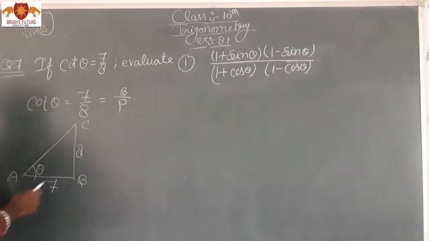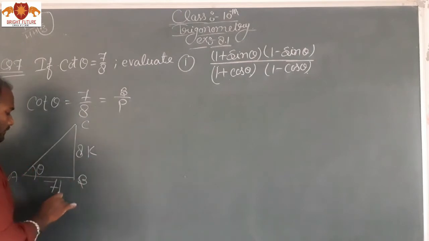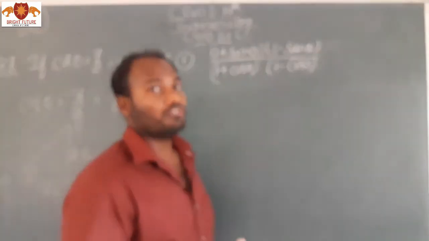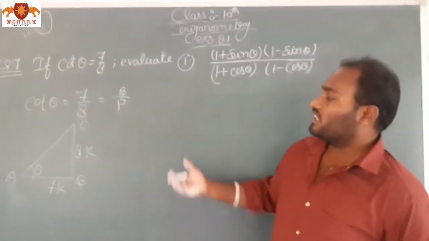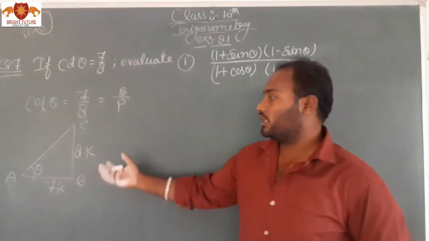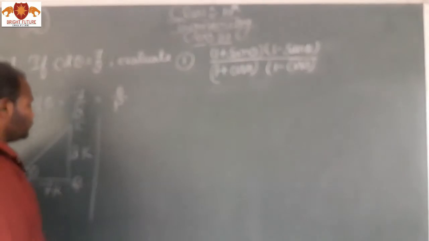So I have found the values of base and perpendicular here to compare the equations. Now these are the ratios, so I will consider them 8k and 7k also, got it. When we are given values in the form of ratios, we take the values in the form of x or k or p, q, r, s, whatever variable is required. Now I have to find only AC, by using the Pythagoras theorem.